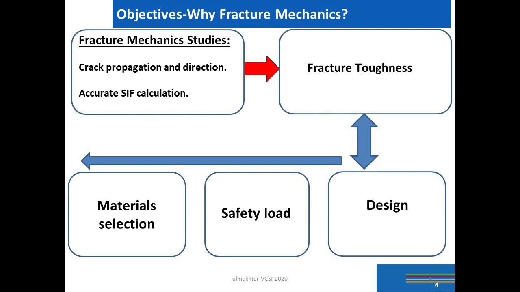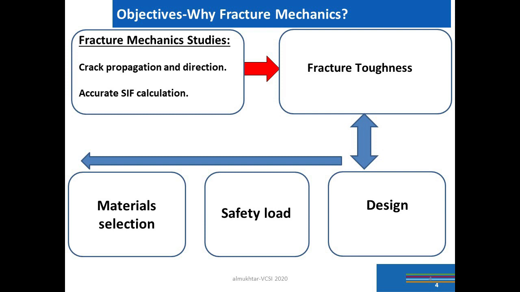The fracture mechanics approach helps us to follow the crack propagation and direction in the body. Also, this approach, as shown in previous studies, gives us an accurate stress intensity factor calculation, or accurate values of fracture toughness.